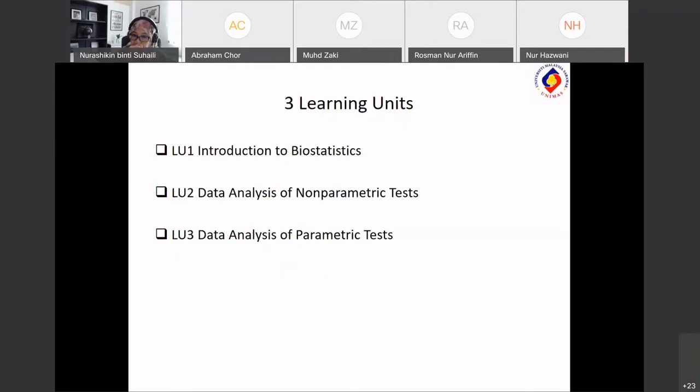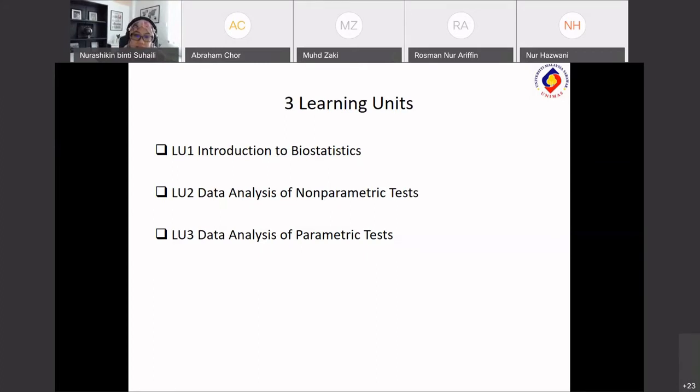So there are three learning units for this course. Three main topics. The first one is Intro to Biostats, LU1. LU stands for Learning Unit. LU2, we are going to talk about non-parametric tests, data analysis of non-parametric tests. Under each of these LUs, we have a number of lectures. Like LU2 has, I think, 3 to 4 or 5 lectures.